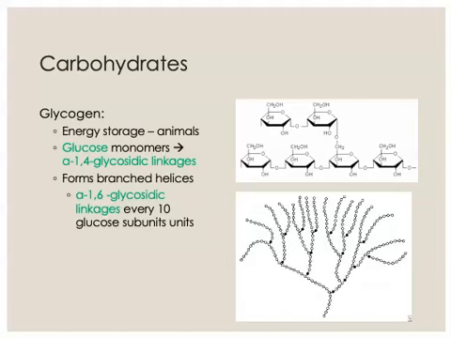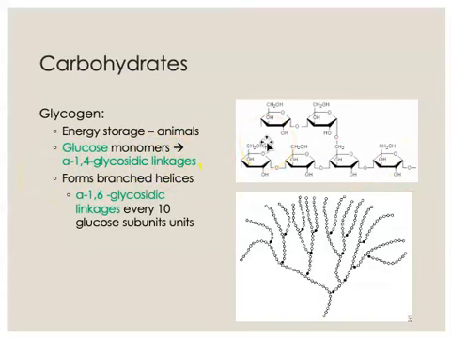And the glucose molecules are joined together in a way that makes them easy to break apart with an enzyme. When you look at glycogen, you're going to see long chains of individual glucose molecules bound together with alpha-1,4 glycosidic linkages.